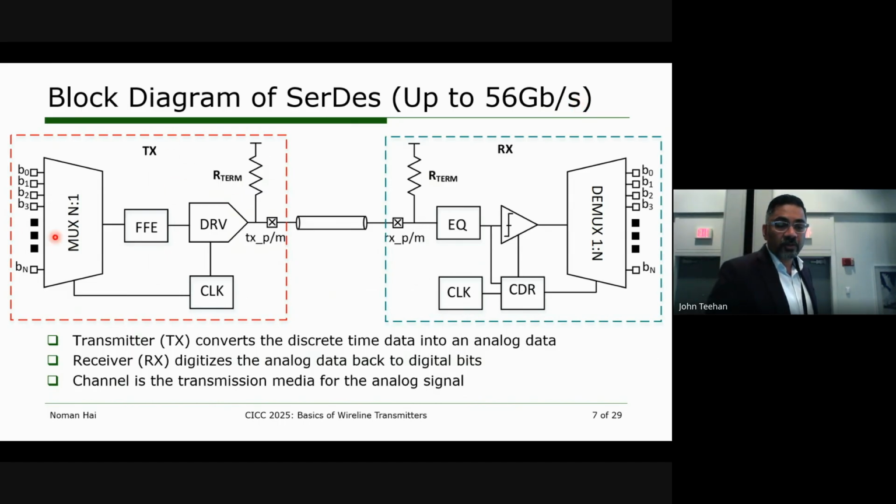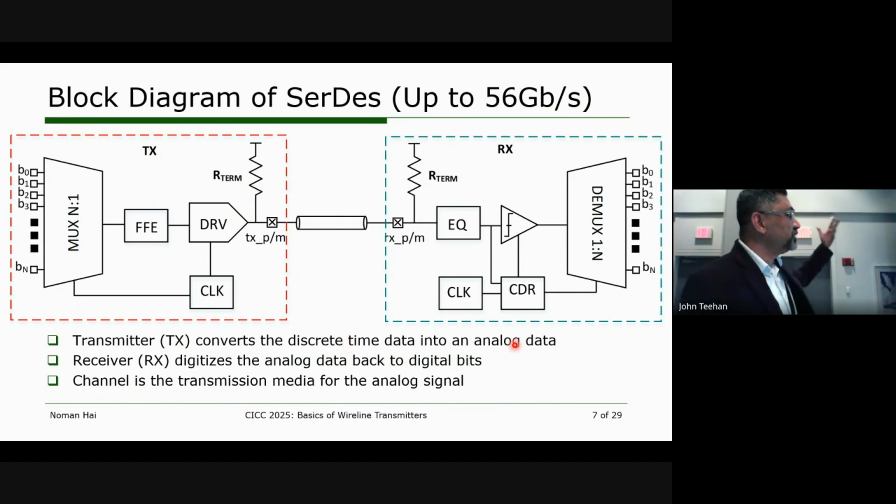The box in the red dotted line is called the transmitter, and on the right-hand side is our receiver, which will be in the next talk, by one of our colleagues. I'm going to stick to the transmitter side on the left. You can think of the transmitter as taking the discrete data, converting it, and sending it through a channel as analog data.